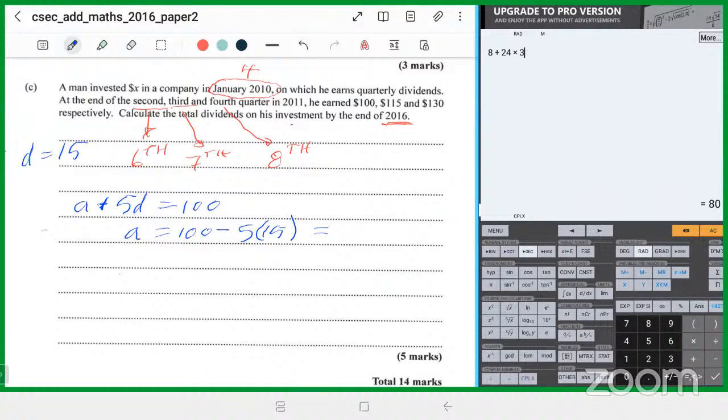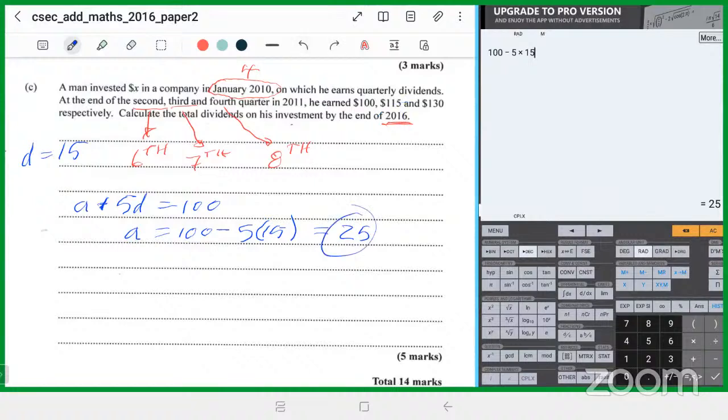That gives us what? 25. Yeah, 25. So the A equals 25. That's the original amount at the end of the first quarter in 2010. So you know you have your A and you have your D.